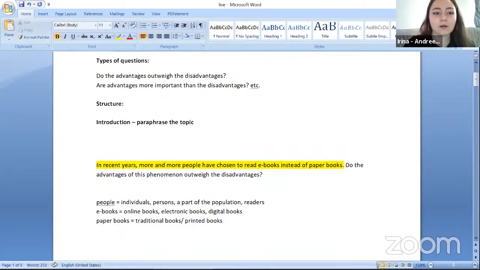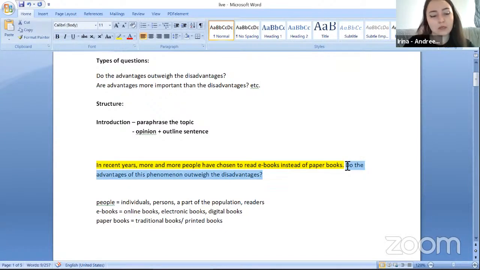And there is another part in this introduction that we should write. What is it? The opinion and outline the point. So now we give our opinion plus an outline sentence. Your opinion is basically if you think that there are more advantages than disadvantages or the other way around. So what would be your opinion here? How would you answer this question?